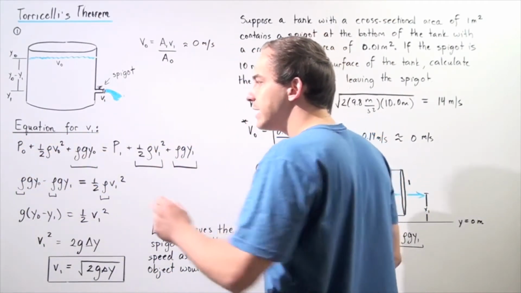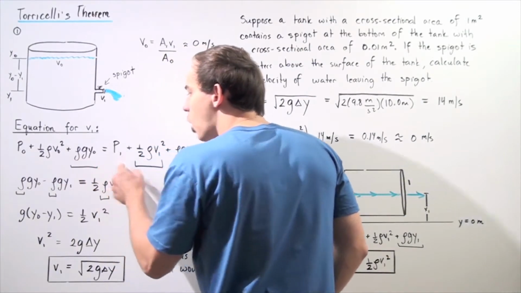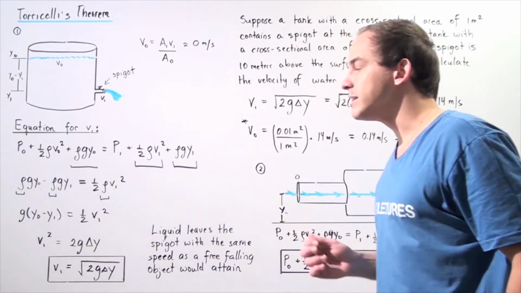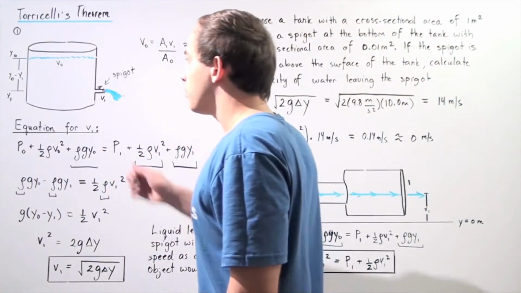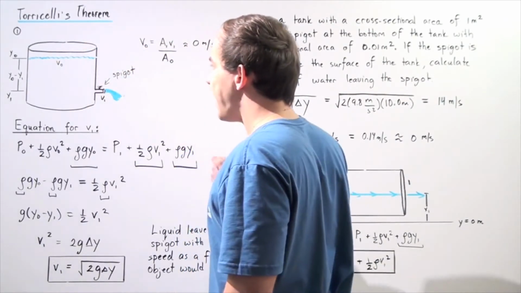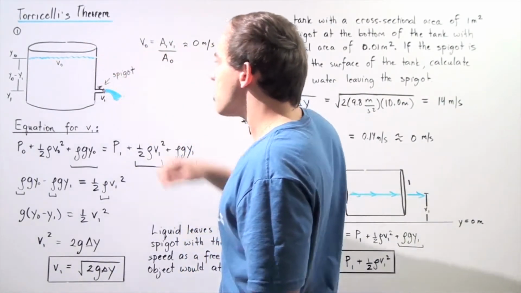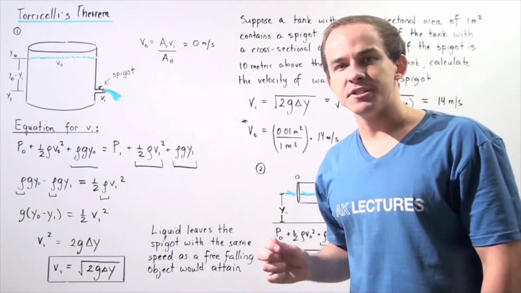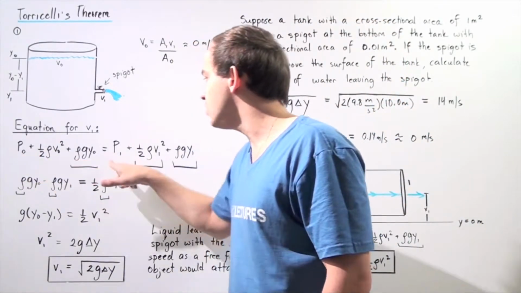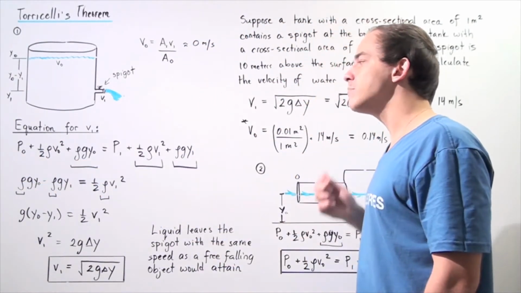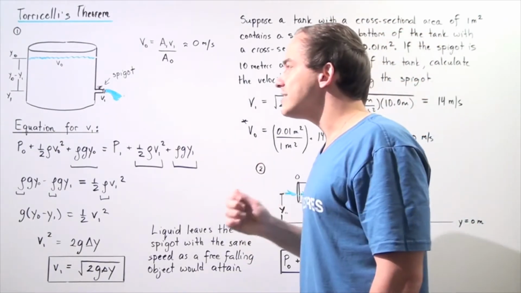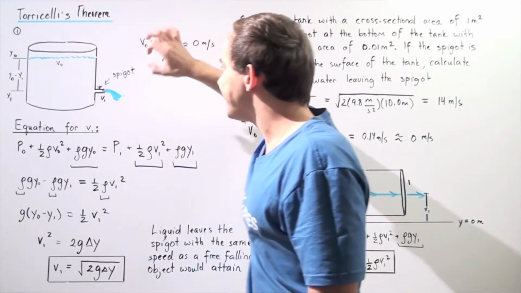So notice that P0 and P1 are exactly the same quantity. Why? Well, because both the surface of the fluid and this section here are exposed to the atmosphere. So that means P0 and P1 are simply our atmospheric pressure, which is the same value at this point and this point.